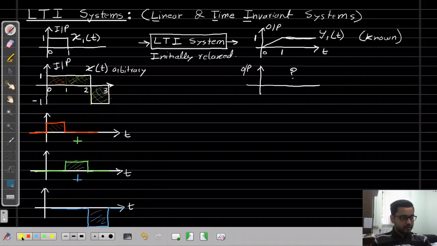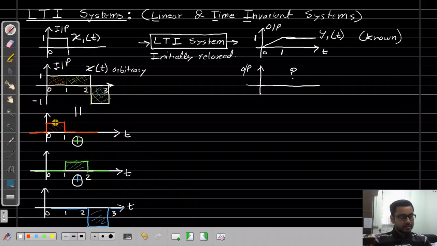Let me label 0, 1, 0, 1, 2, 0, 1, 2, 3. So this input is the sum of these 3 components, this red, green and blue signals. They together form this input.